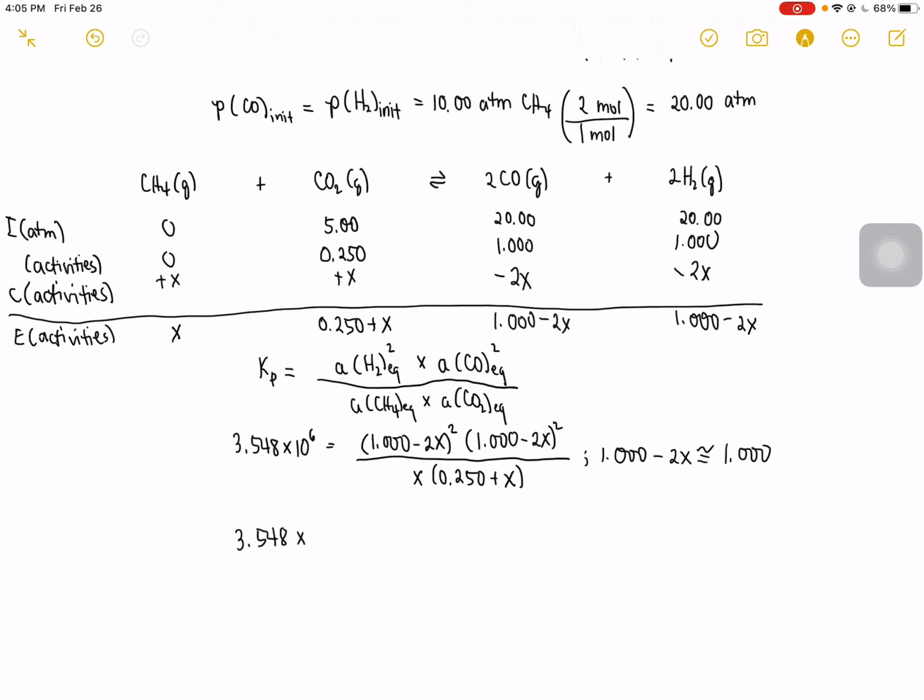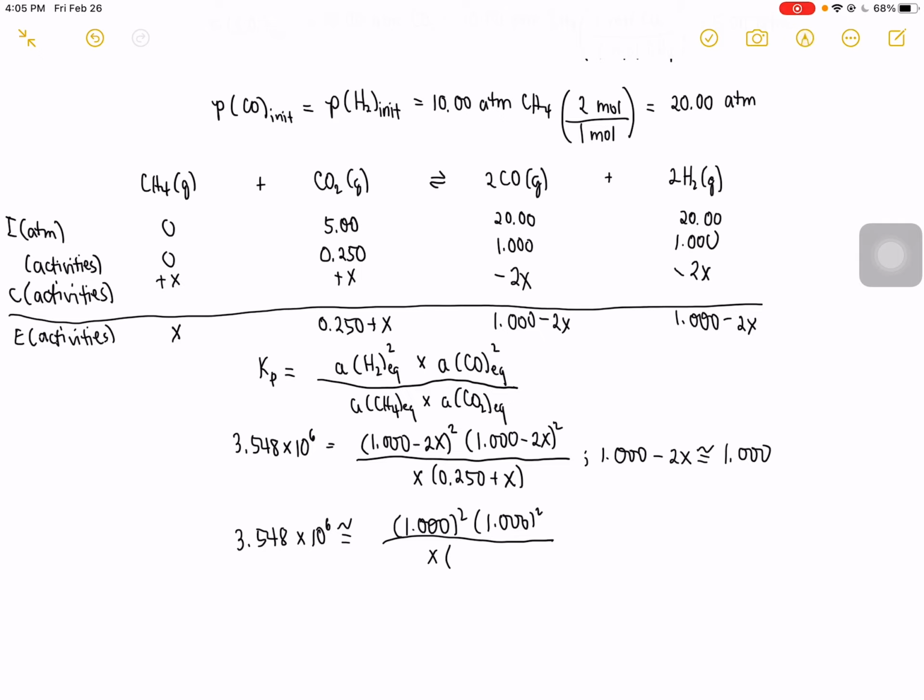So the value of K sub P, we copy that one. And that should be approximately equal to our numerator, which simplifies to become 1 squared times 1 squared all over x remains as it is.